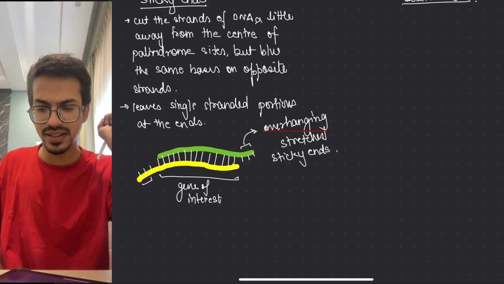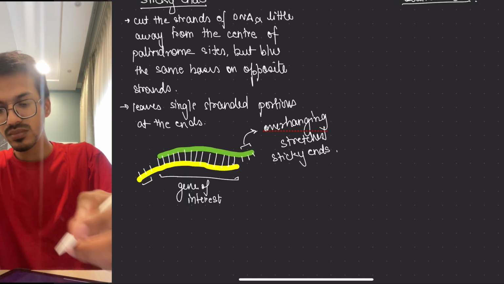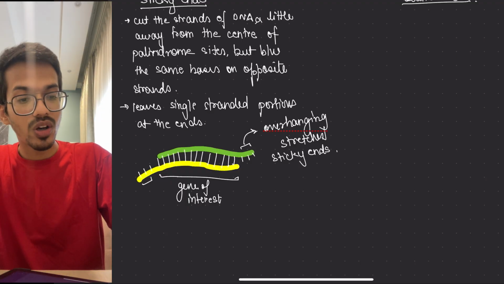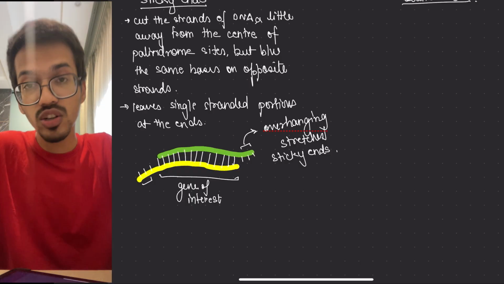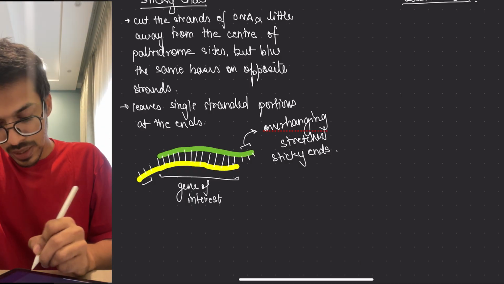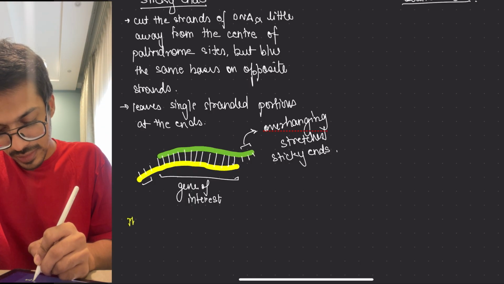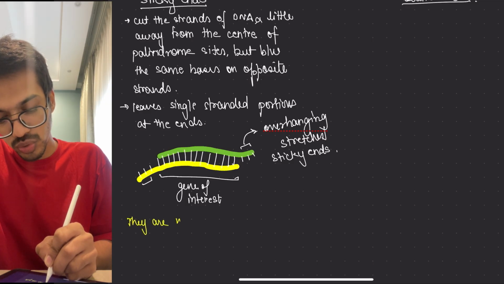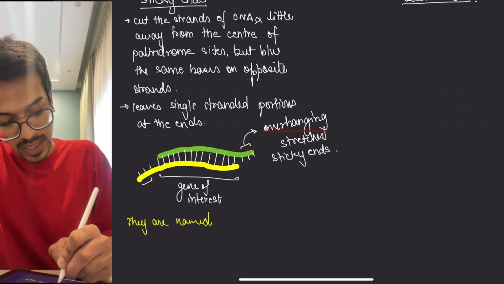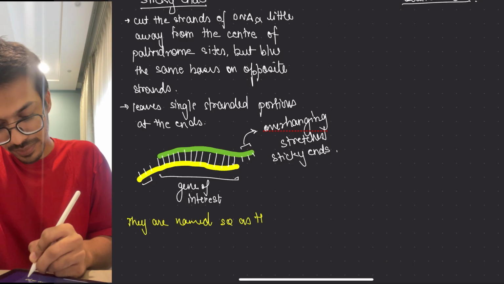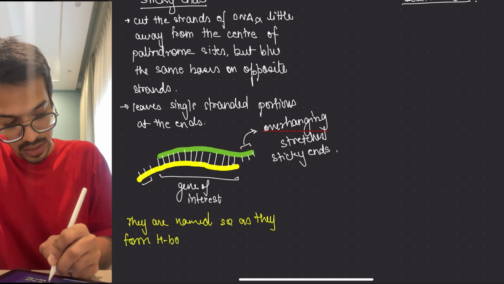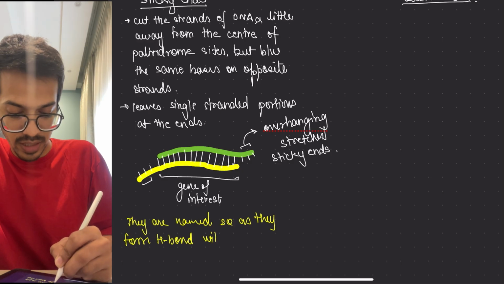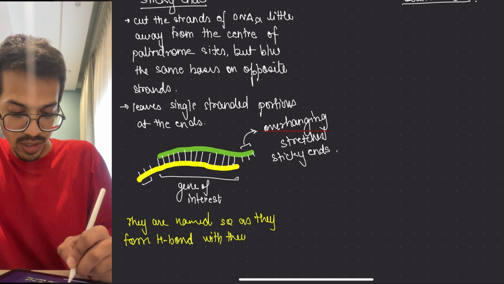We will understand this slowly. Now they are named so because they have hydrogen bonds, which will directly go and join with the complementary part. They are named so as they form hydrogen bonds with their counterpart.